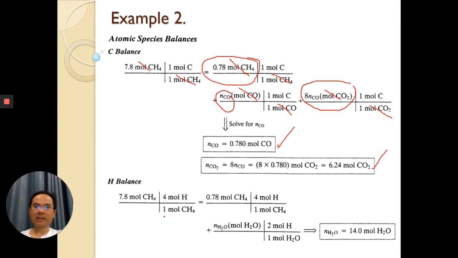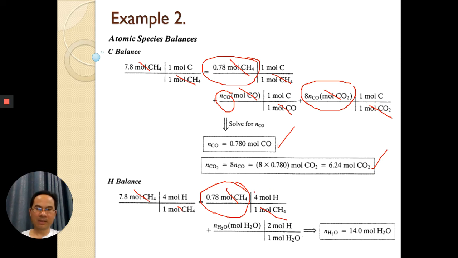Okay, that's right. For input, 1 mole methane includes 4 mole hydrogen. And you feed 7.8 mole methane. Mole methane cancels, you get mole hydrogen. The first term of output is hydrogen in methane. 1 mole methane includes 4 mole hydrogen, and the mole of methane output is 0.78 mole methane.